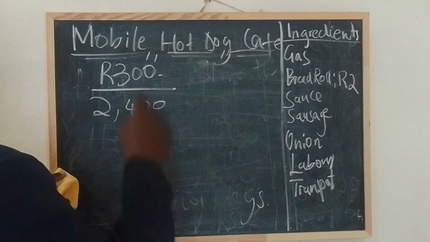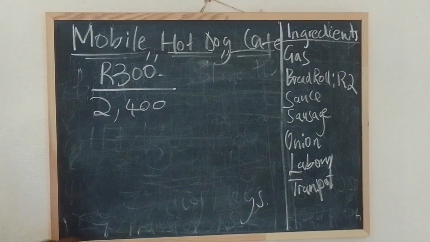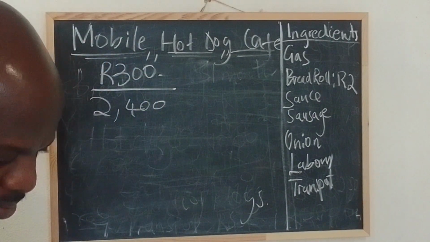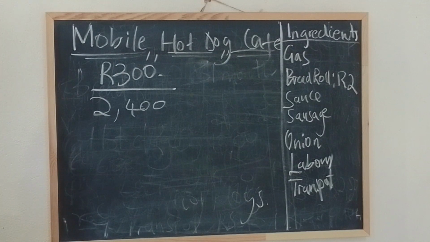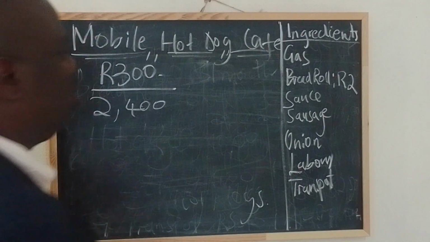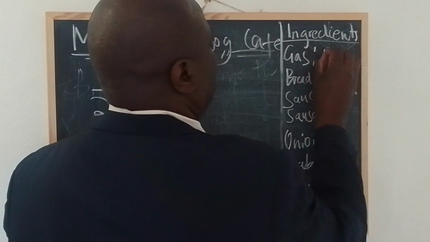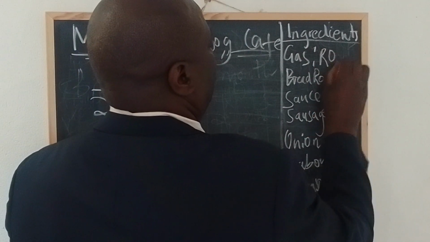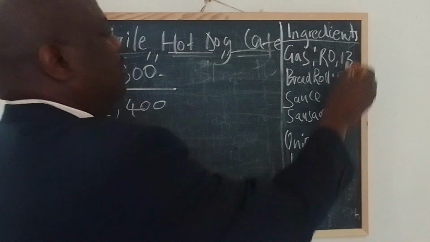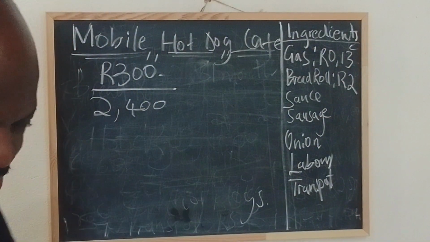Within the price of the hot dog, the customer must pay for this. Now, how much is this? 300 divided by 2,400. Per hot dog, it is giving me 13 cents. That is the gas per hot dog.